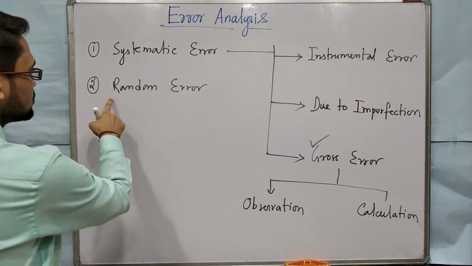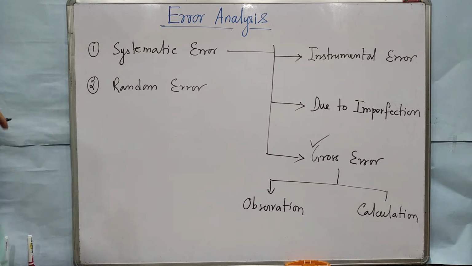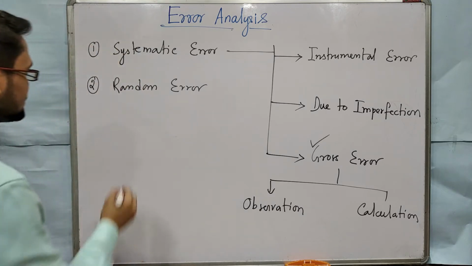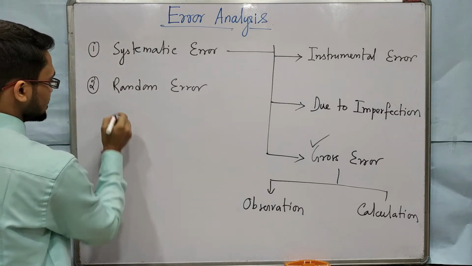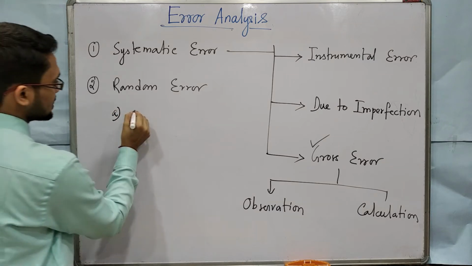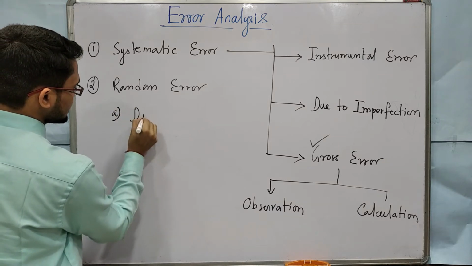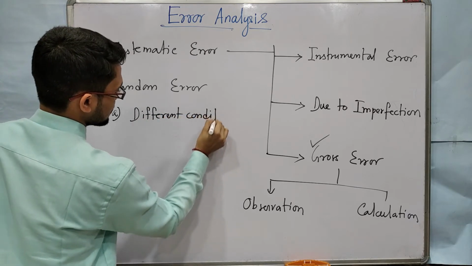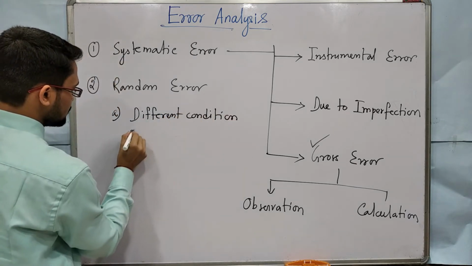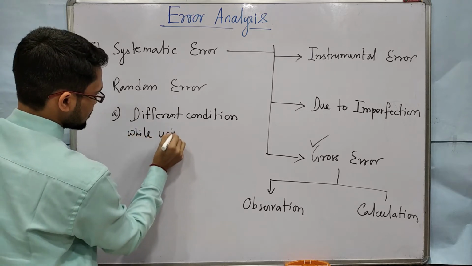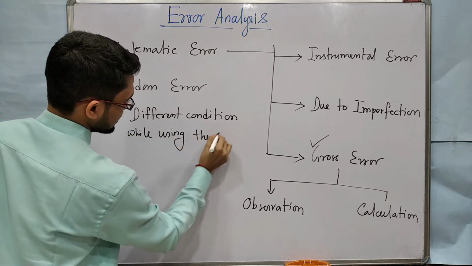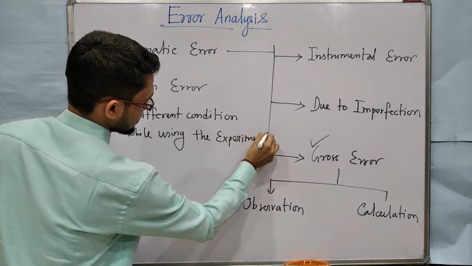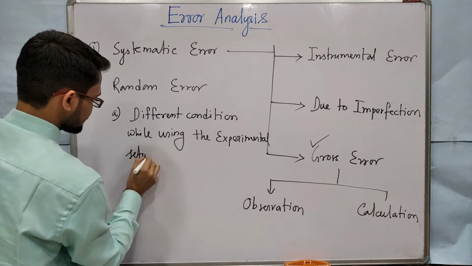Now come to random error. Random error arises due to two conditions. There are two reasons to get random error. First one is different conditions while using the experimental setup.